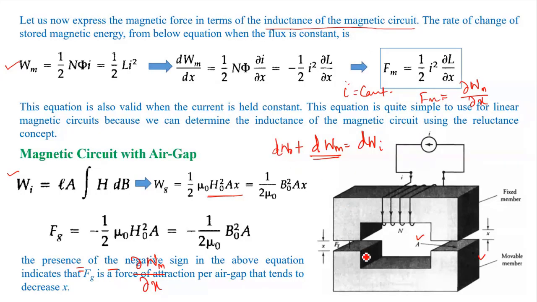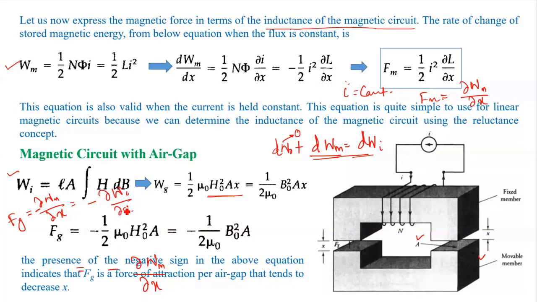So when it is in stationary condition, your dWo is 0, and under that condition your dWi is equal to dWm. So Fg, the magnetic force, will be nothing but dWm by dx, which is equal to minus of delta Wi by delta x.